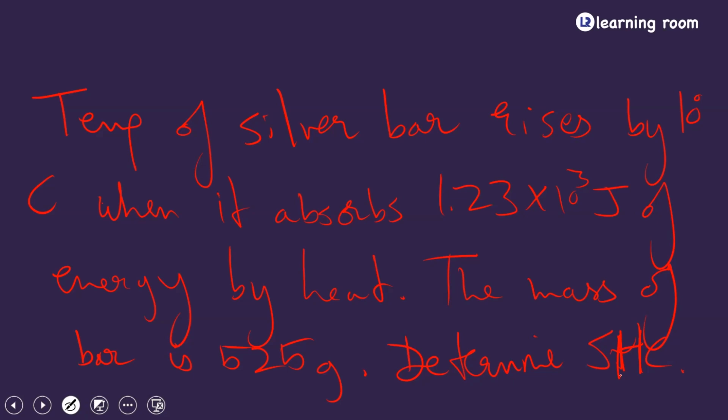The temperature rises by 10, means maybe it was 5 and it became 15. So final minus initial is 10. So you already know this value. Then Q is the amount of heat which is given, the heat absorbed.